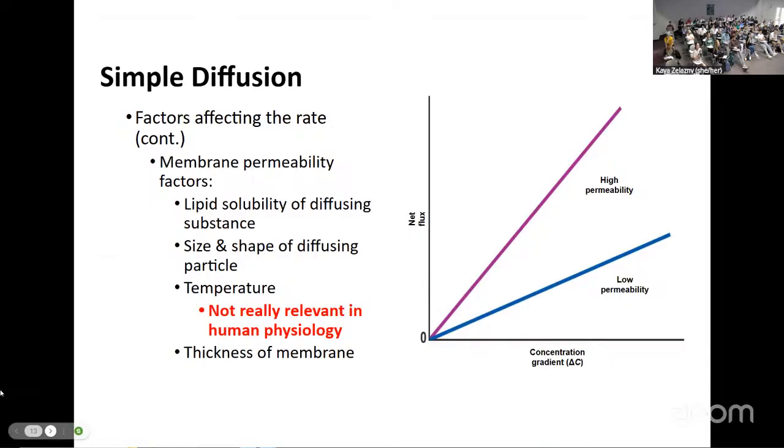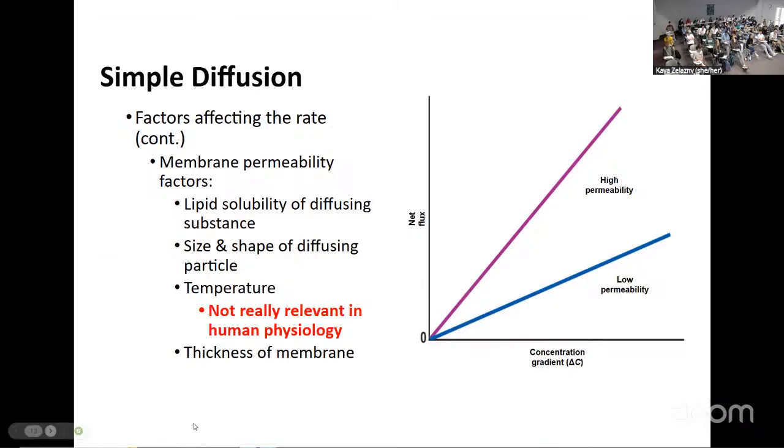Finally, the thickness of the membrane. So we usually just think of our simple, basic phospholipid bilayer, those two little lines of phospholipid. But in some cases, we're going to have mucus or water or other things adhering to a membrane, functionally making it a little thicker, right?